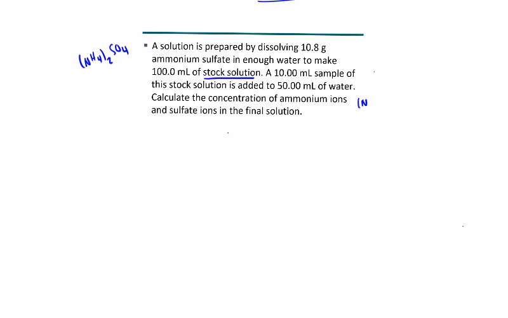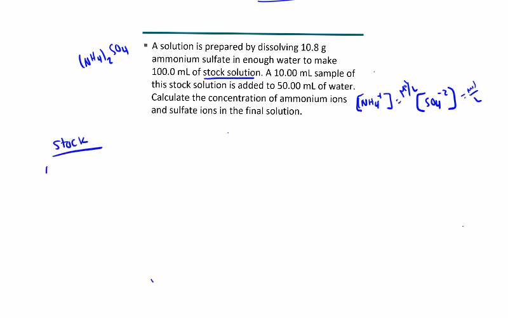So I want to know the concentration of ammonium, and I want to know the concentration of sulfate. So that's moles per liter, moles per liter. So the first place that we're going to start is from trying to figure out what the concentration of the stock solution is.